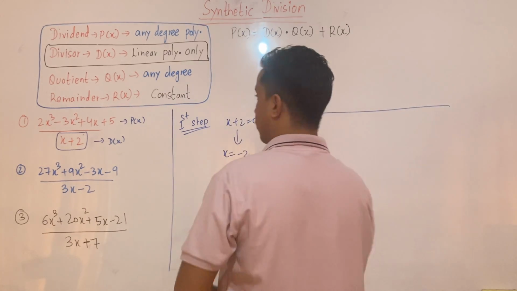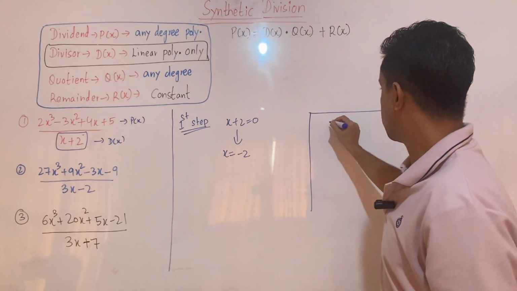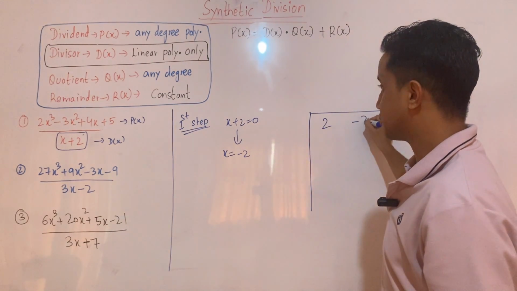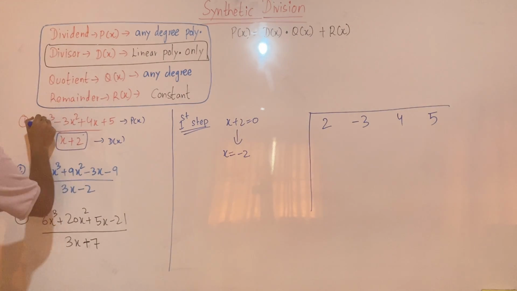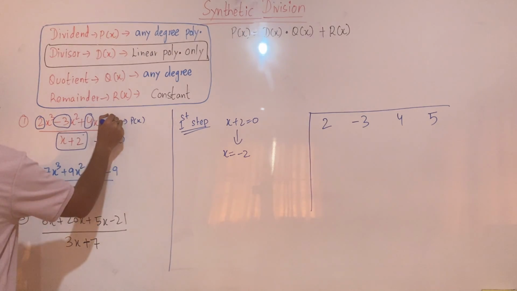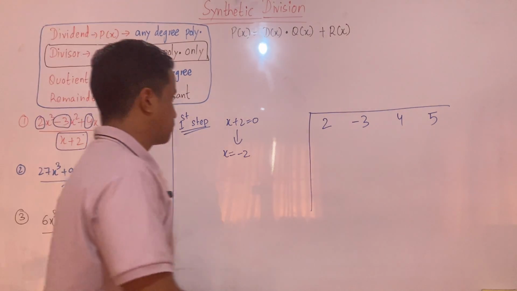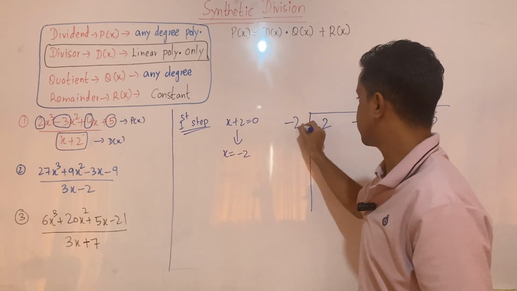Here write the coefficients: 2, minus 3, 4, 5. And here we have to write the value of x, minus 2.